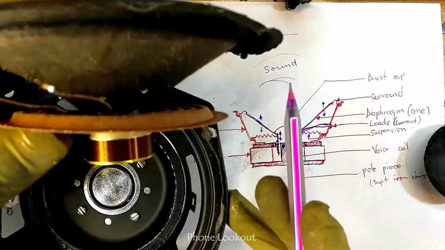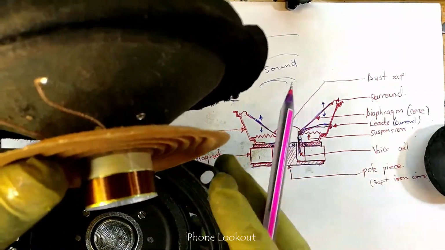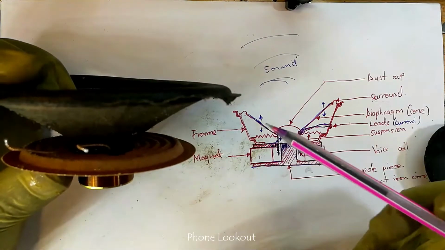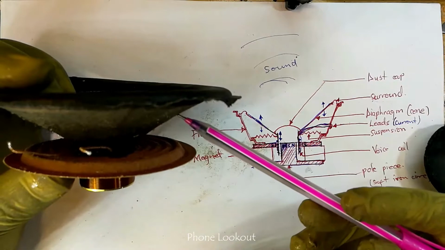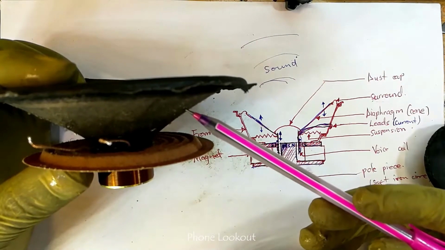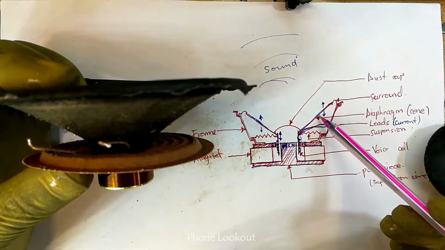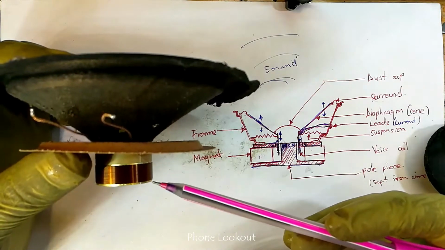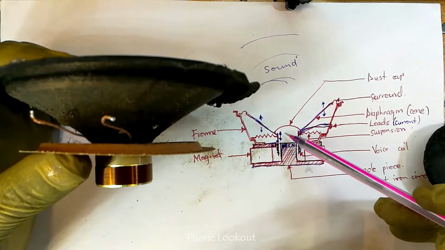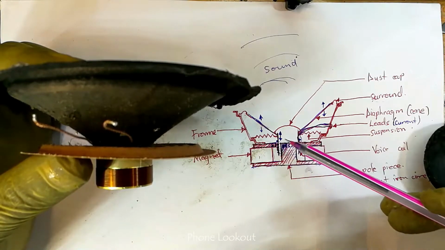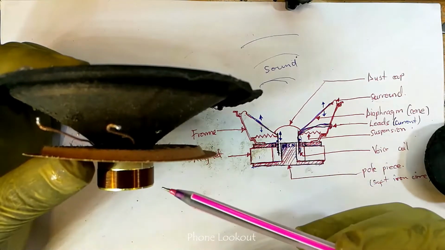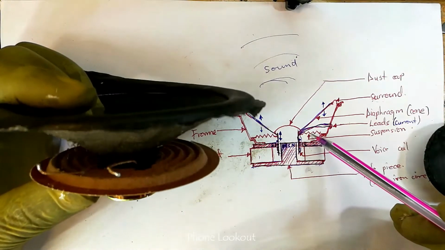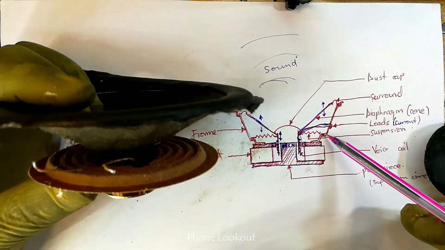I suppose I should hold it like this to help you get a clue of what I'm describing. So that is the diaphragm, the cone. This right here is that shaft or that cylinder, and then this is a suspension, that zigzag thing you see right there.